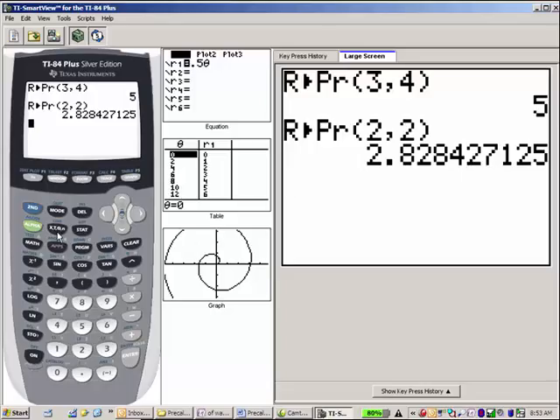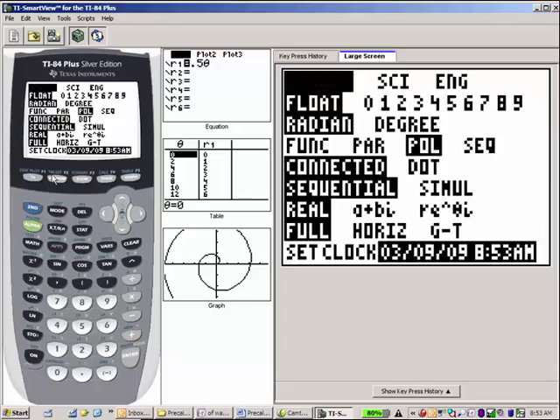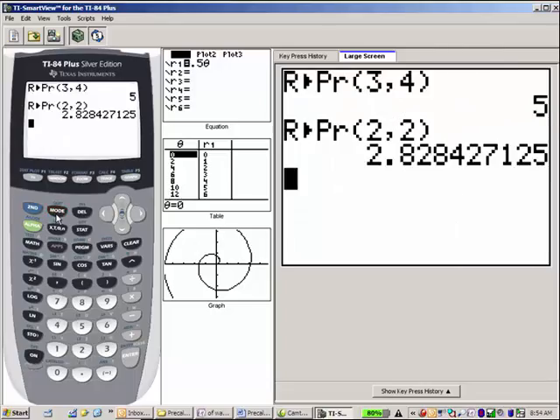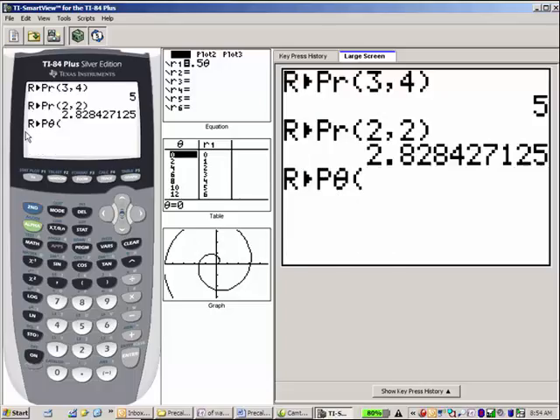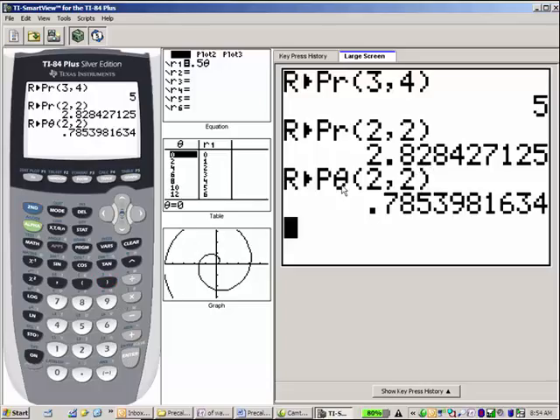So depending on what mode you're in, right now I'm in radian mode. So if I do second angle, and this time I pick 6, 6 says, give me the rectangular coordinates, and I will find you the polar angle. So if I do 2, 2, it tells me that the angle is 0.785 in radians.